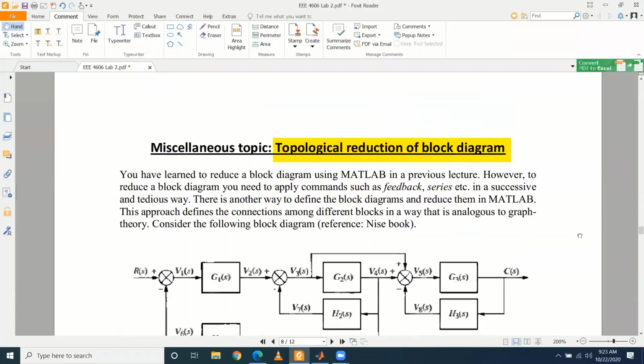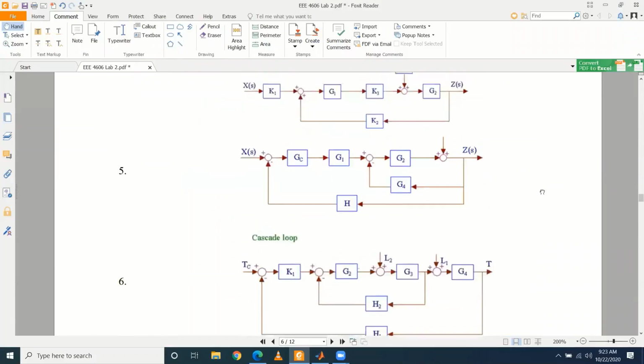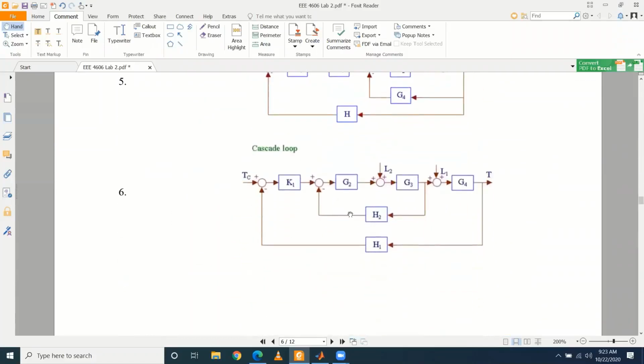Topological reduction of block diagram. So again, if you take a look at 3, let's take a look at a more complex one. Suppose 6. Can you identify the individual simple configurations in number 6, like series, parallel, or feedback? Sir, H2 is feedback with G3 and G2.